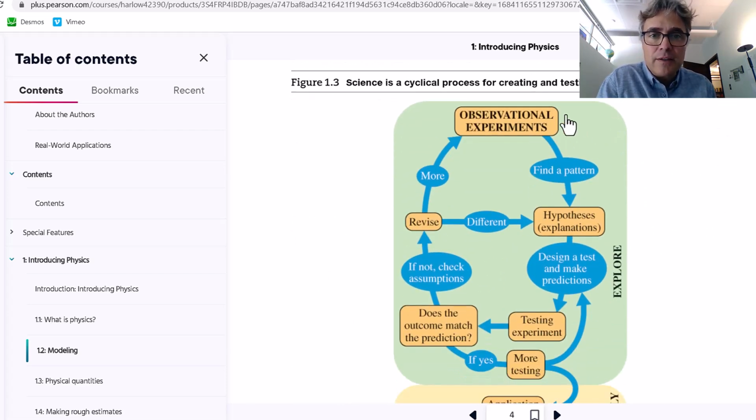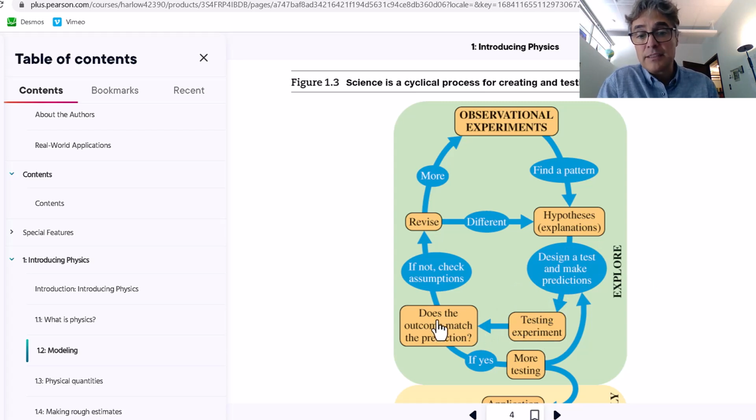The scientific method is depicted by this chart. First of all, you do some observations, you look around at the world, see what's happening, see if there's any patterns. If you find a pattern, then you devise a hypothesis, an explanation. Then you can try to design a testing experiment to see if your hypothesis fits.